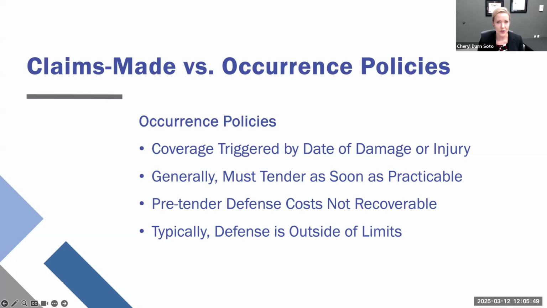When did the injury occur? Or possibly when did the act that caused that injury or damage occur? And so, as you can imagine, there are situations where something may have happened years ago and only recently is a lawsuit brought. This is very common in the environmental context and also in some of these sexual abuse cases.